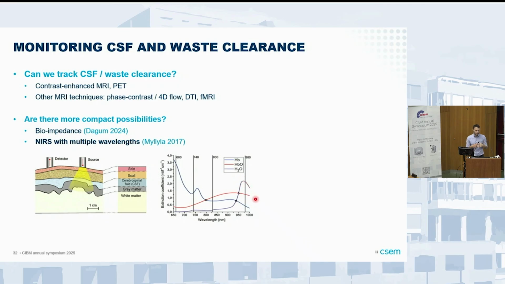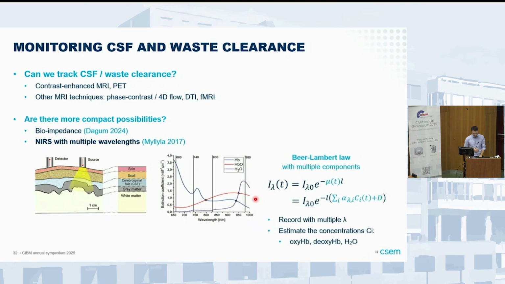And because we know that CSF is predominantly water, about 99% water, compared to blood that is at about 80%, if I'm not mistaken, if we can track all these substances with appropriate wavelengths, we can now start distinguishing this information from not just blood, but also CSF, using models of how light attenuates for different wavelengths and different substances.